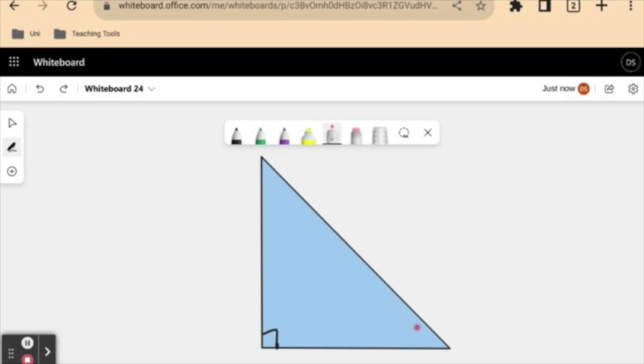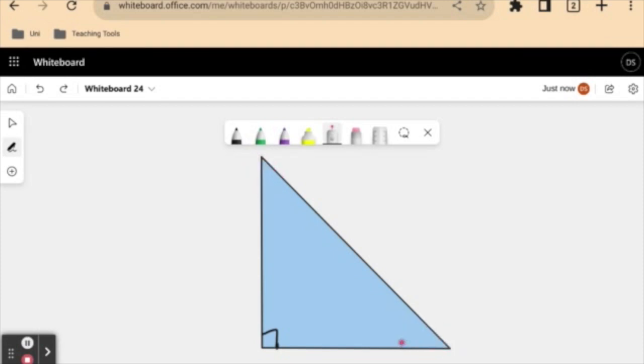Now, this right angle here implies that these two lines are going to be split. There's going to be a certain distance between them, and that distance is made by this line, right? And we can see that this angle, just by observation, as well as this angle, they are smaller.